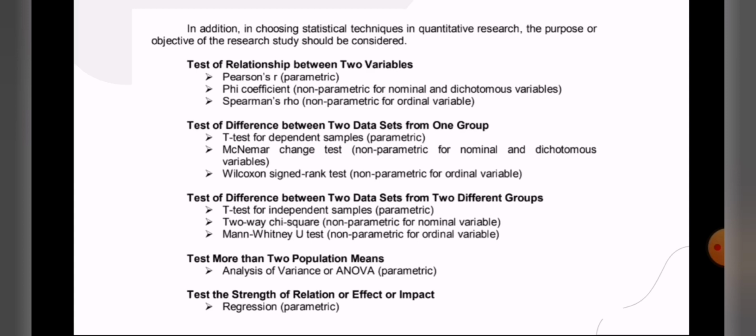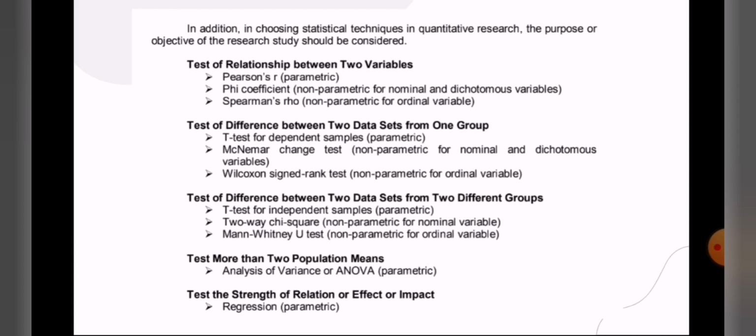So you can use a lot of statistical tools. You can use Pearson r, parametric. You can use phi coefficient, non-parametric for nominal and dichotomous variables. You can also use Spearman rho, non-parametric for ordinal variable.